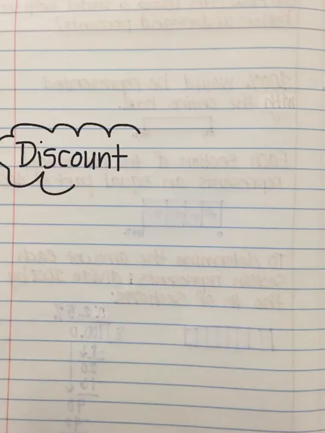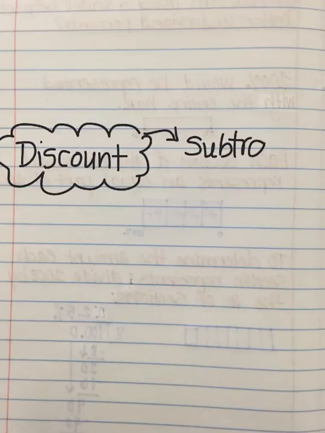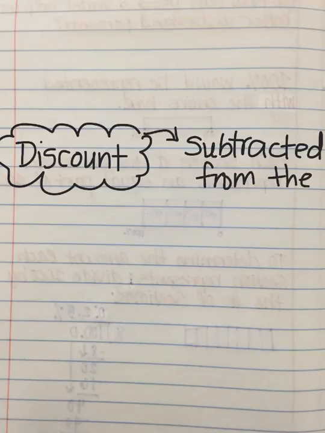I'm going to give you another problem just to consider. This time it's a discount. Are discounts added to or subtracted from your original cost? Subtracted. Yes. So let's at least get that. These are subtracted from the original cost.